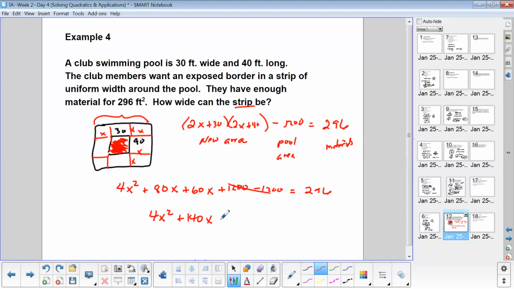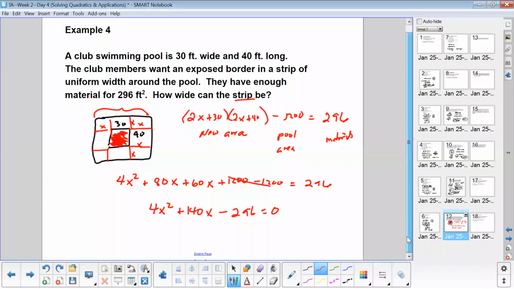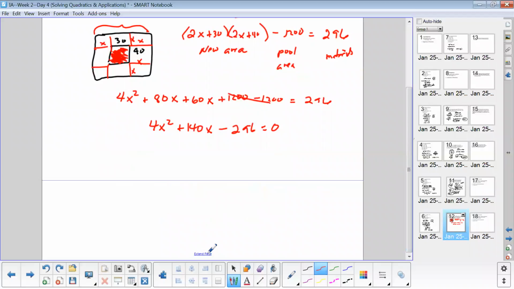I'm going to subtract the 296 out, and I get 0. So since we have a is 4 and not 1, we want to try to divide everything by 4. And everything will divide by 4.